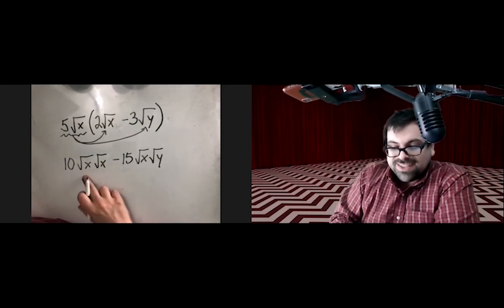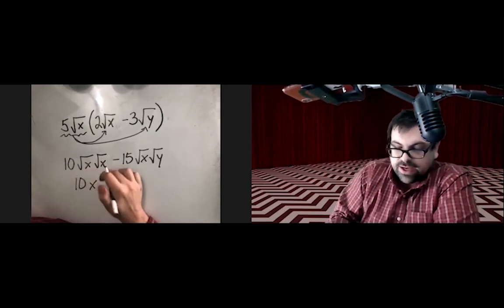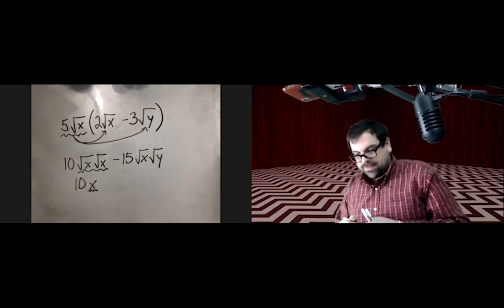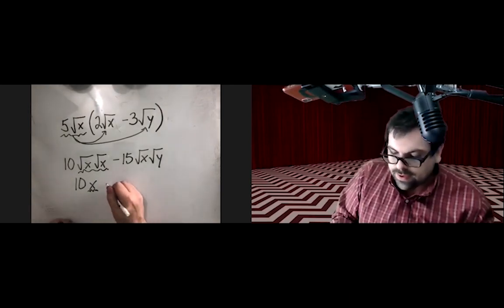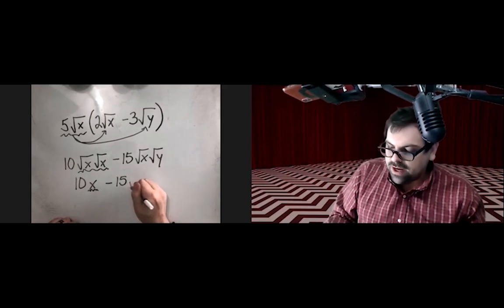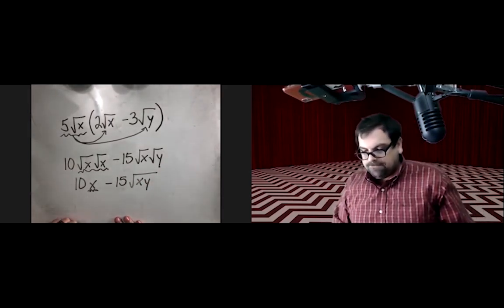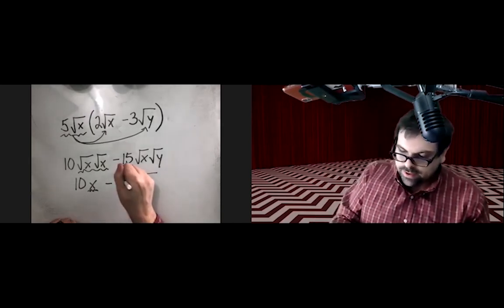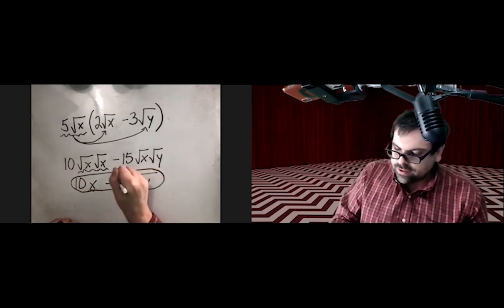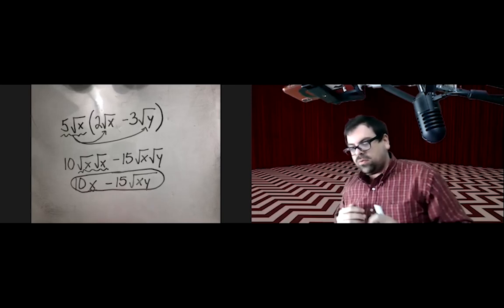A radical times itself is just what's underneath. Radical x times radical x is just x. Minus 15 radical x times radical y is radical xy. That's the answer. 10x minus 15 radical xy.